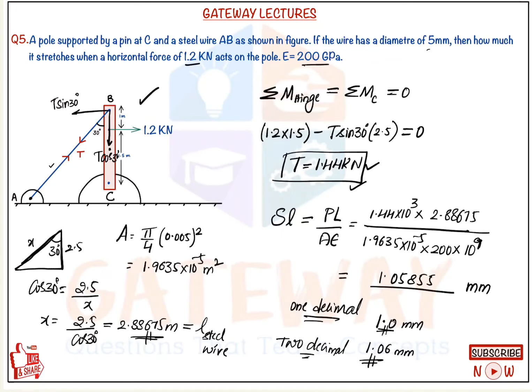So how do we get the idea to take moment equal to 0? Because here it is a non-concurrent coplanar system. Wherever you see a non-concurrent coplanar system, we need to use the three equilibrium conditions: sigma Fx equal to 0, sigma Fy equal to 0, and sigma moment about any point equal to 0.